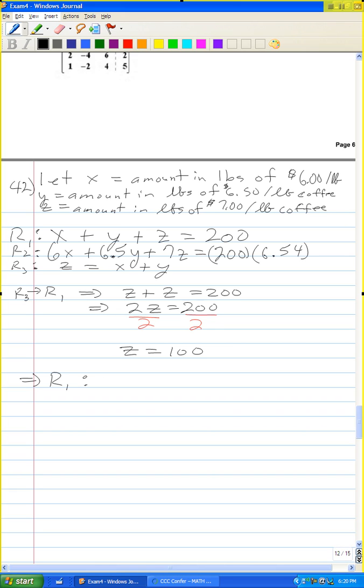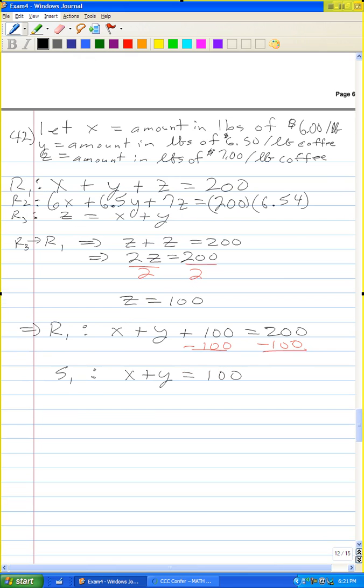So I get that X plus Y plus Z is 200. So I get X plus Y is 100. Maybe I'll call that S1 or something. And then let's do R2. So I'll plug that Z into R2 also.